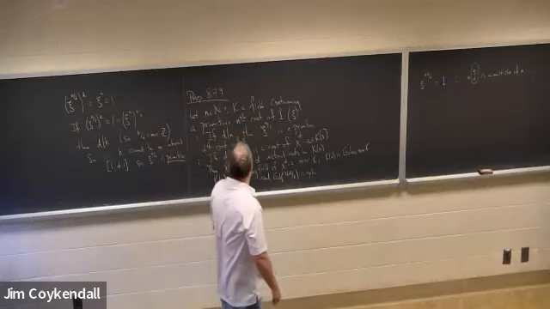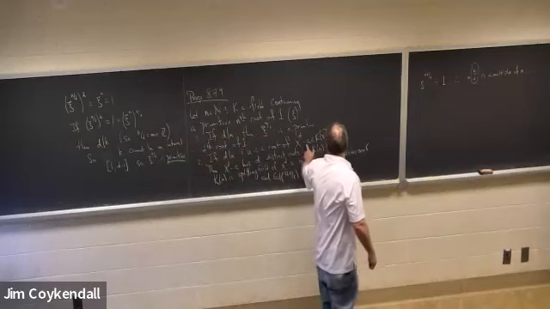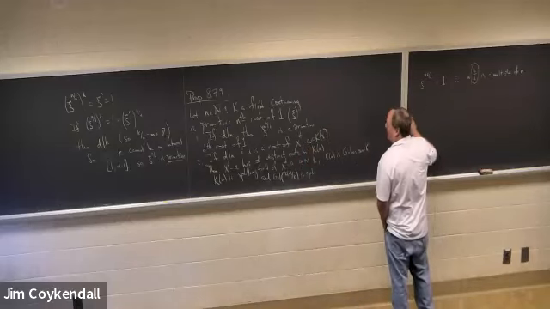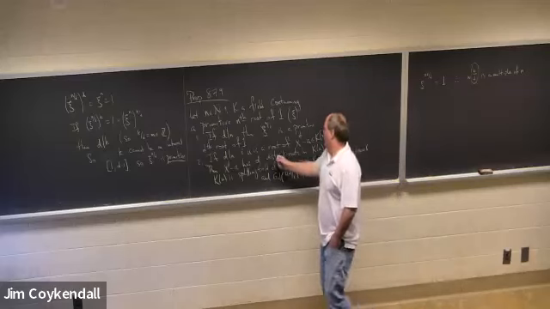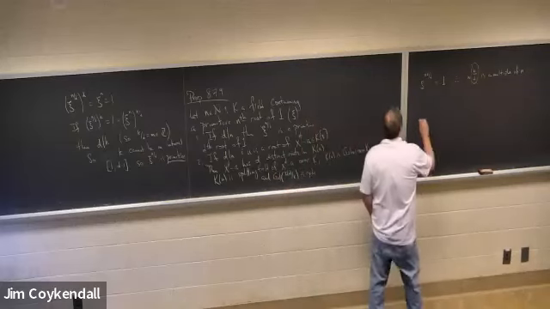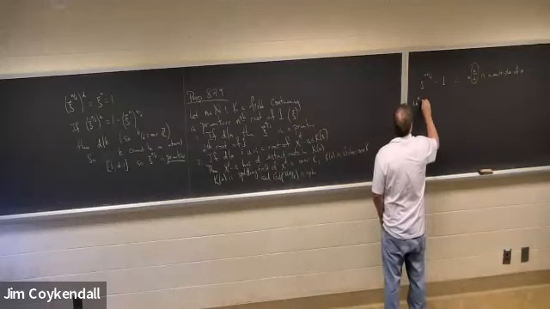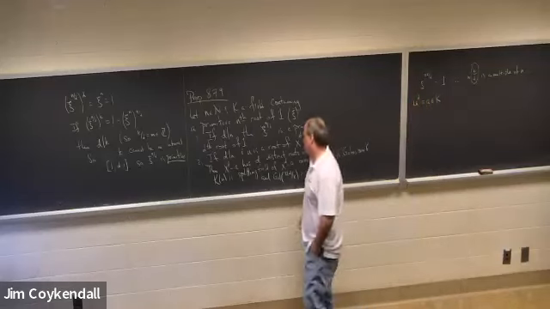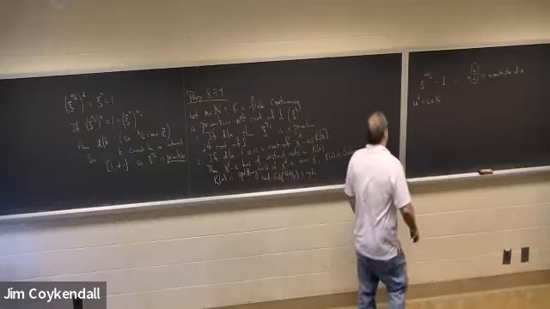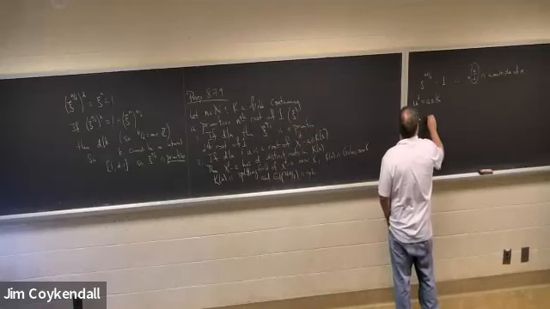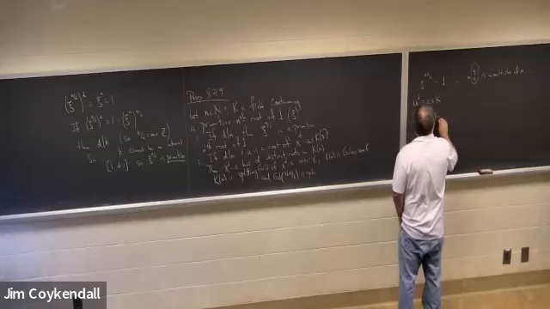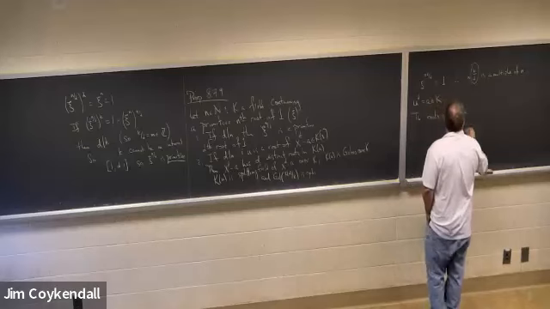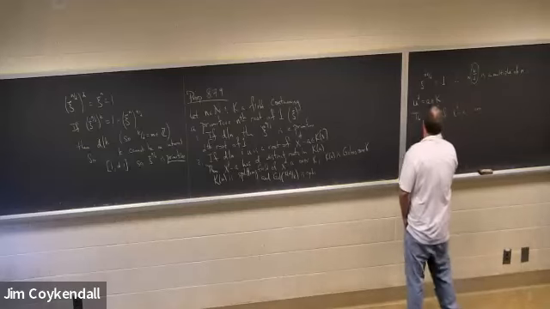Let me make a remark on this. If u is a root of this, for the second part, you have u to the d equals a. Then the roots are u times the powers of the primitive dth root of unity.